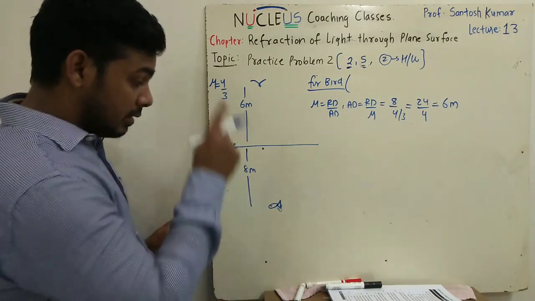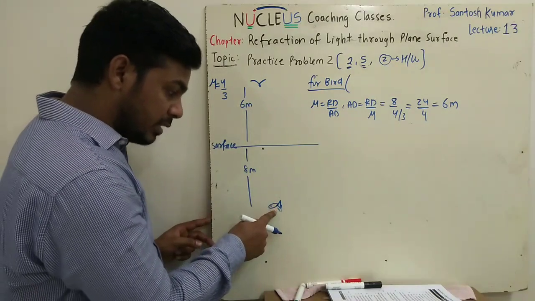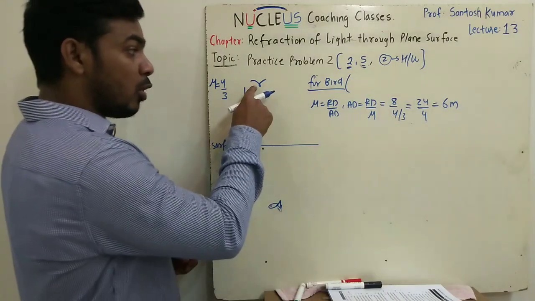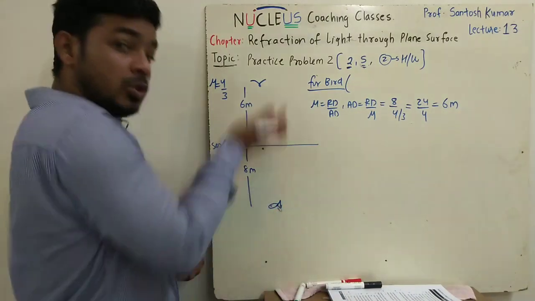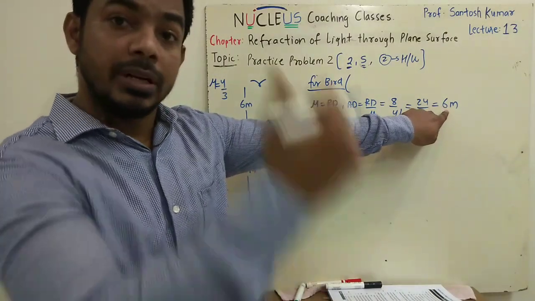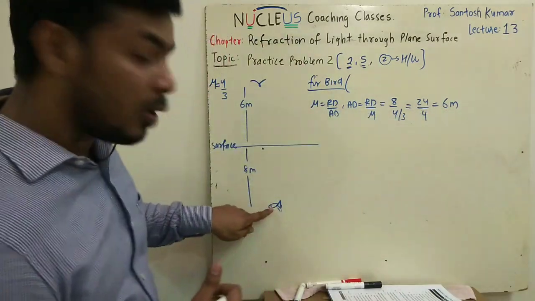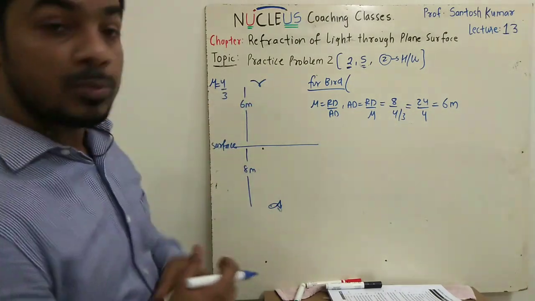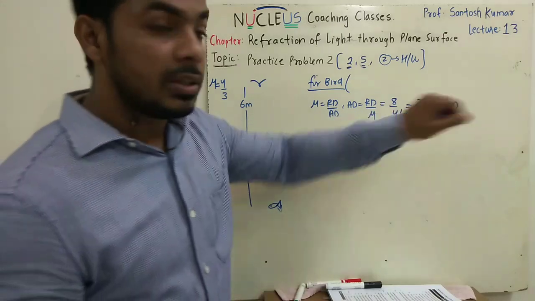That means the real depth of the fish from the surface is 8 meter. But for the bird, the fish seems to be raised and it would appear at 6 meter below the surface. So the apparent depth of the fish from the surface with respect to the bird is 6 meter.